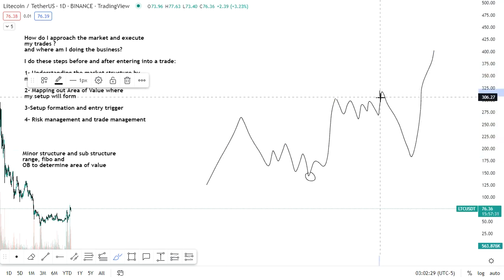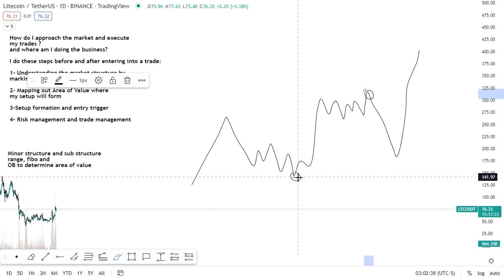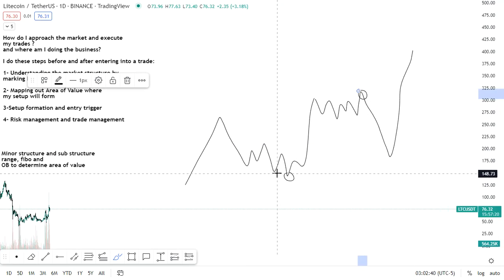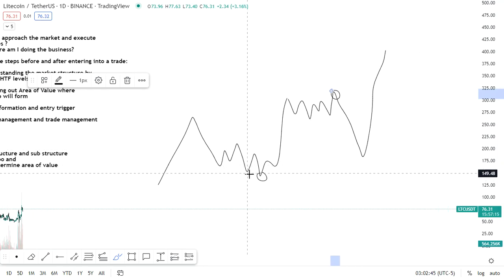So you take the higher high as a previous high, as a swing point or pivot point, and the lowest low as a major swing low to determine how the trend is going.